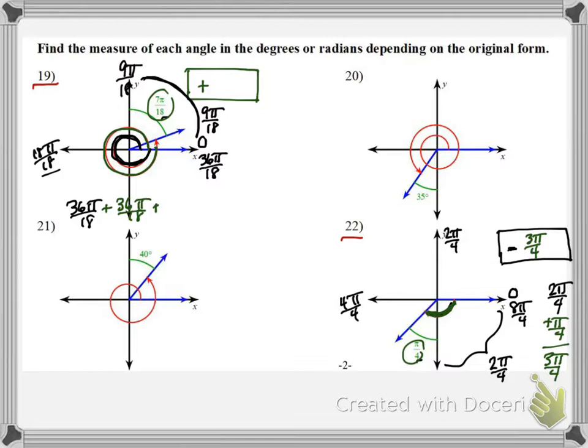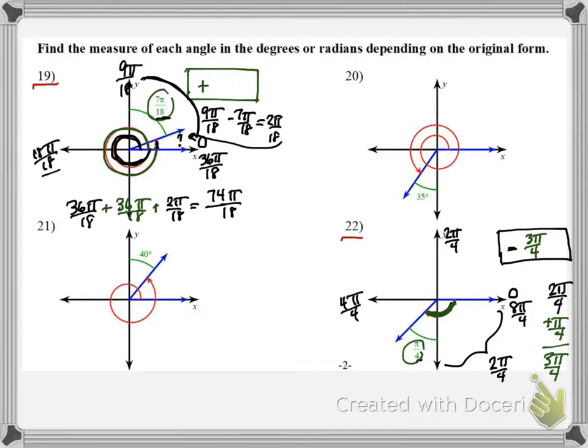But I don't want the whole thing. I want this piece. That's 9 pi over 18. 7 pi over 18 is not in it. That means 2 pi over 18 is this space, which does happen to be 1/9, but don't bother to write it that way. We're going to come over here and say 2 pi over 18. 36 and 36 is 72, and 2 more is 74 pi over 18.